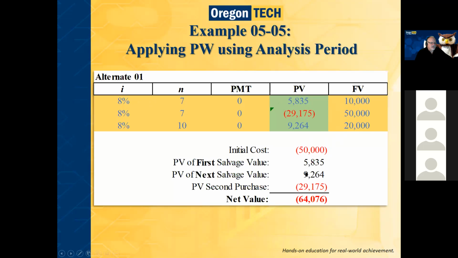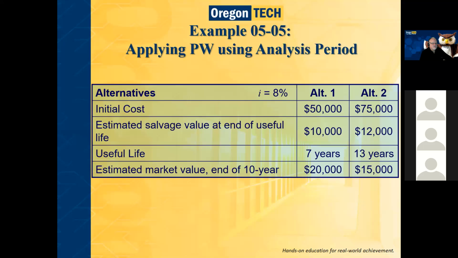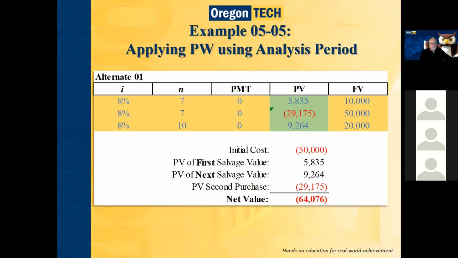So that plus that plus that is $64,000, because you're going to have to purchase, at the end of 7 years, another machine. Now this is where it gets tricky.